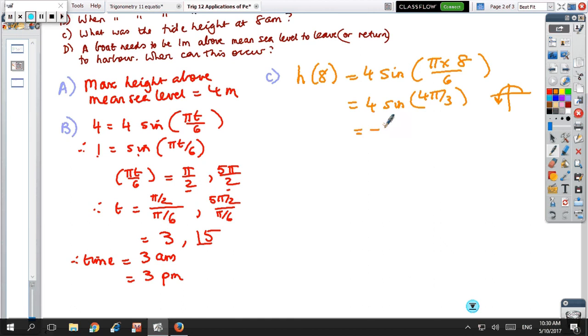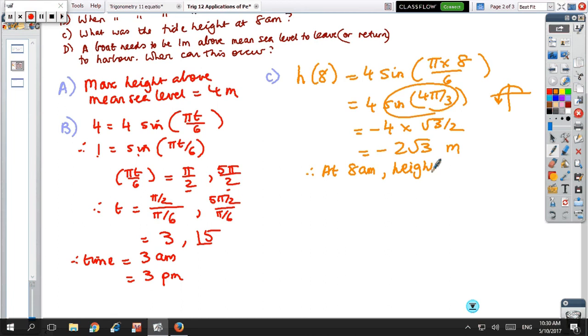So it's going to be negative 4 times sine of pi on 3, which is root 3 on 2. So that ends up being minus 2 root 3 metres. So at 8 AM, the height is minus 2 root 3 metres below mean sea level, whatever that is.